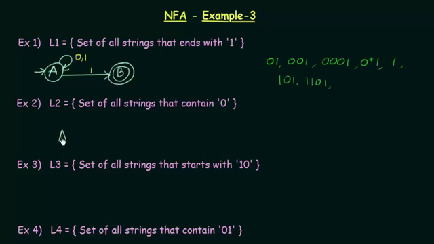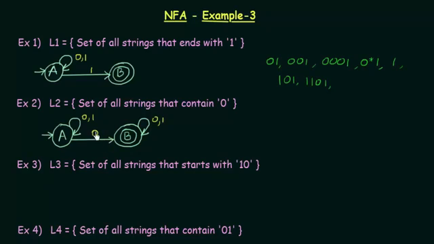So I start with the starting state A. A is my starting state, and A on getting input either 0 or 1, it can stay in A. But if you see a 0, then it goes to the final state B, and even in the final state B, whether you get 0 or 1 after that, it can stay in the final state itself.